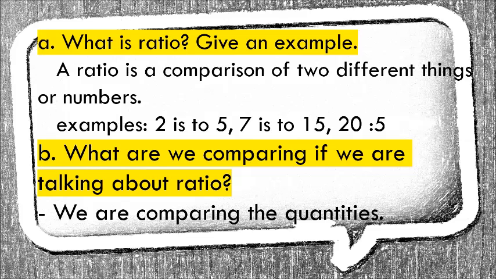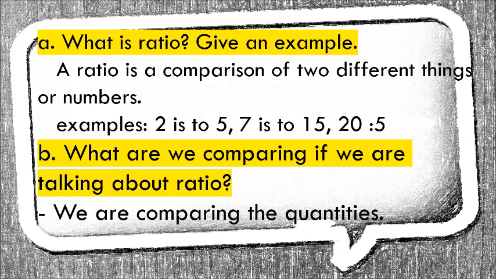What are the examples? We can have 2:5, 7:15, 20:5. So what are we comparing if we are talking about the ratio? We are comparing the quantities. When we see quantities, we are referring to groups, numbers, or how many. Get it, grade 5?